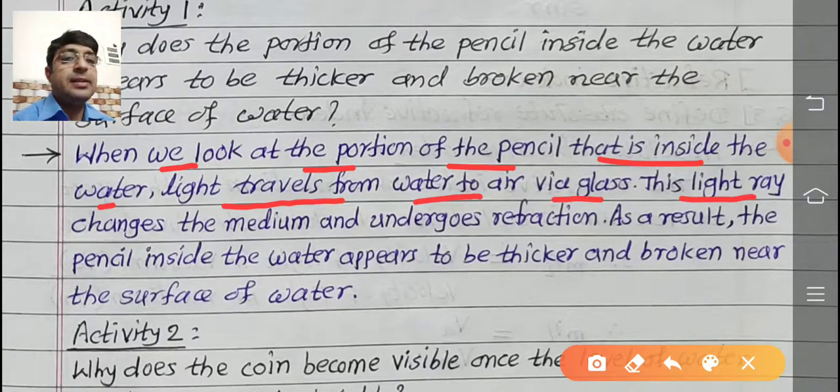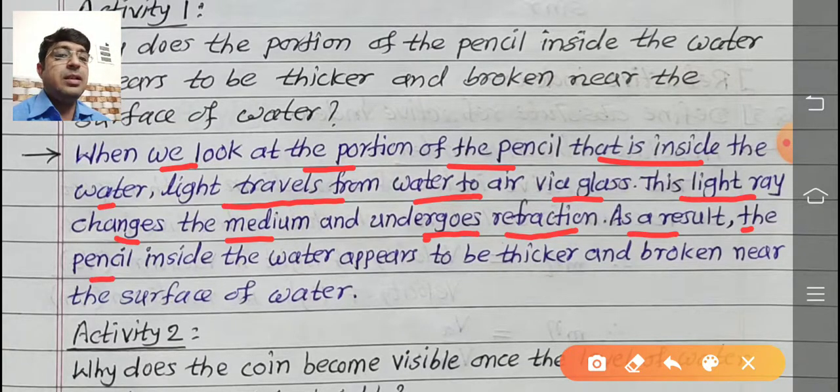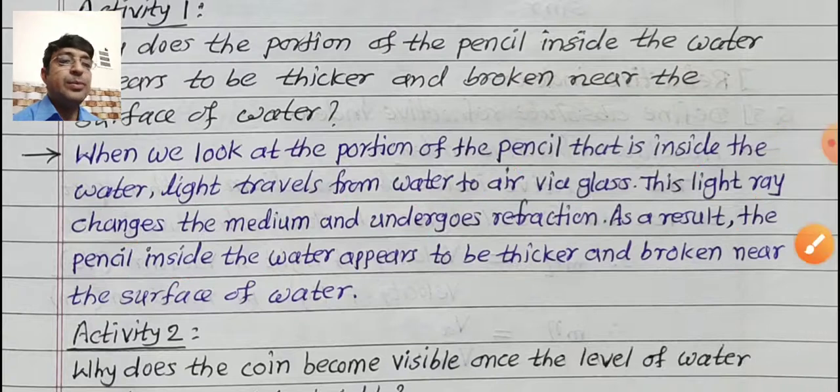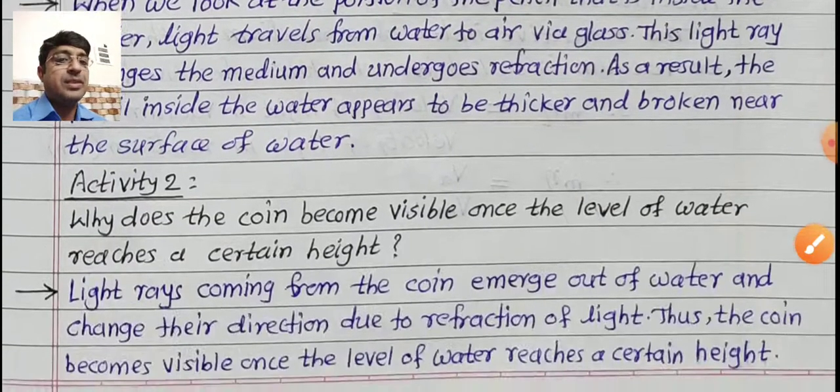This light ray changes the medium and undergoes refraction. As a result, the pencil inside the water appears to be thicker and broken near the surface of water. Perform this simple experiment at home.